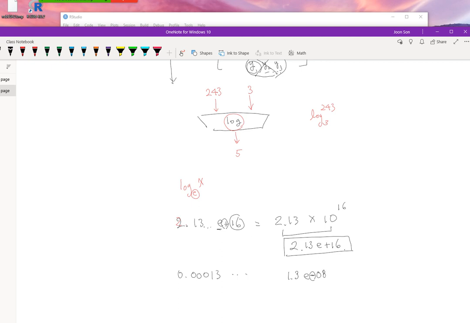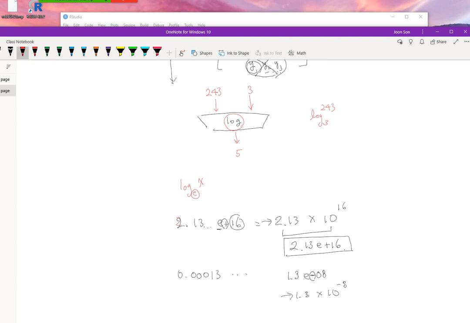The minus means basically what? This is equivalent to 2.13 multiplied by 10 to the negative 8. This is a typical mathematical formula that we use.